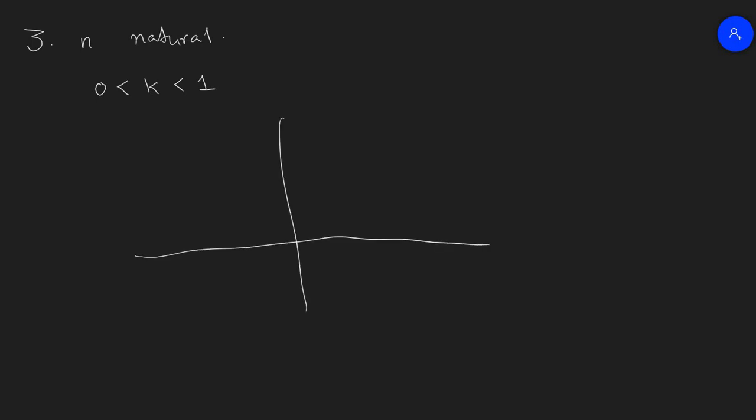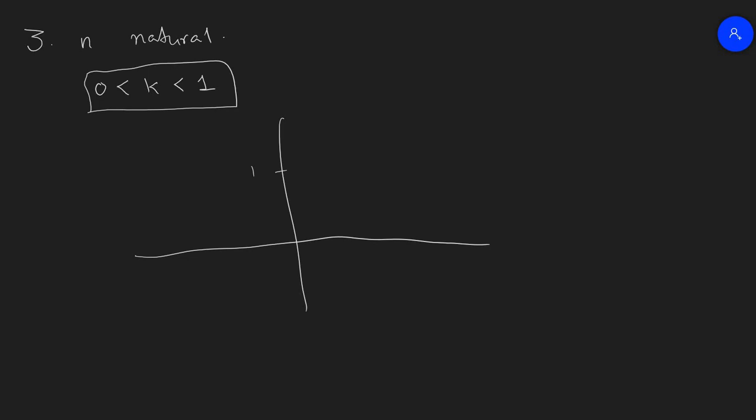Now the third option says n is any natural number. It doesn't matter if n is odd or even, and k is a positive number which lies between 0 and 1. So if you draw the graph, it doesn't matter if k is less than 1.